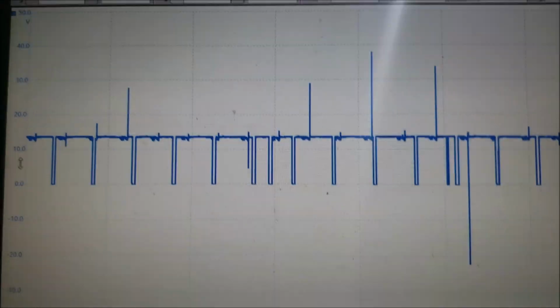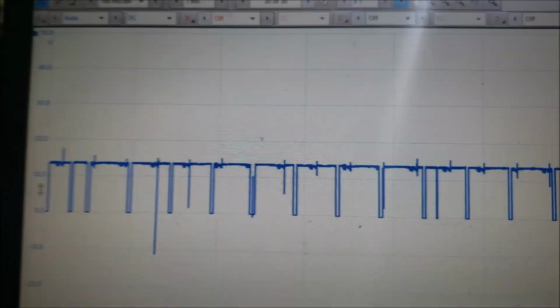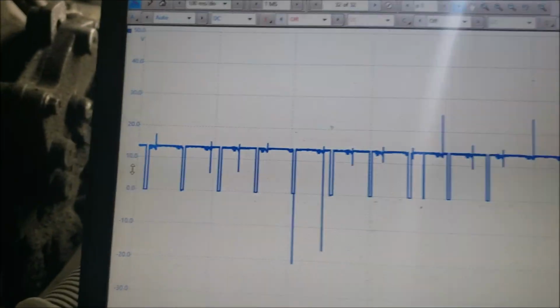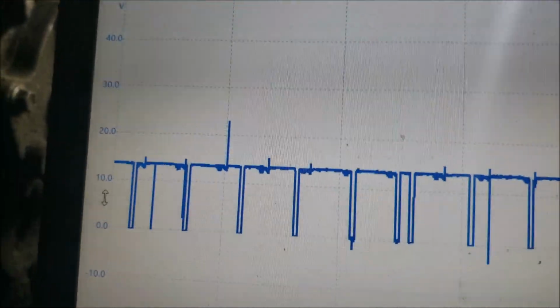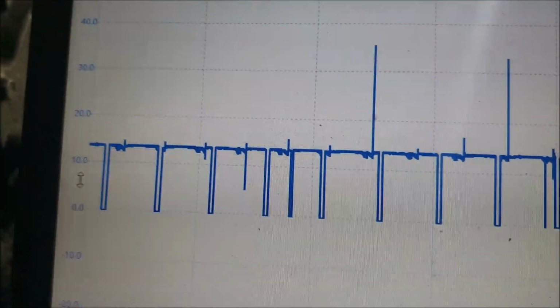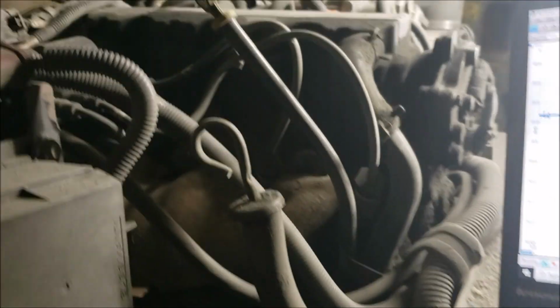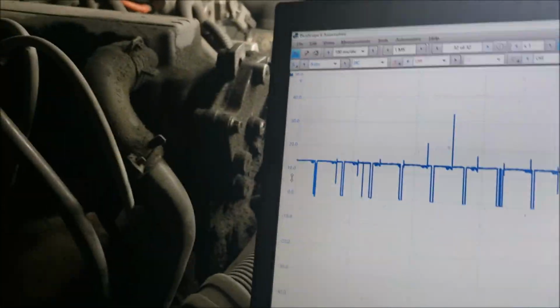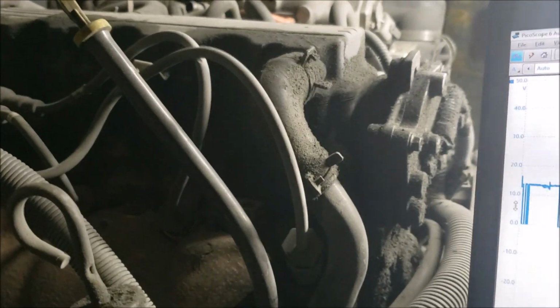It's getting the heater signal from the computer, so the heater should be working fine. See that glitch right there? It needs an oxygen sensor. Of course, we need to verify that. But it's not running as bad.